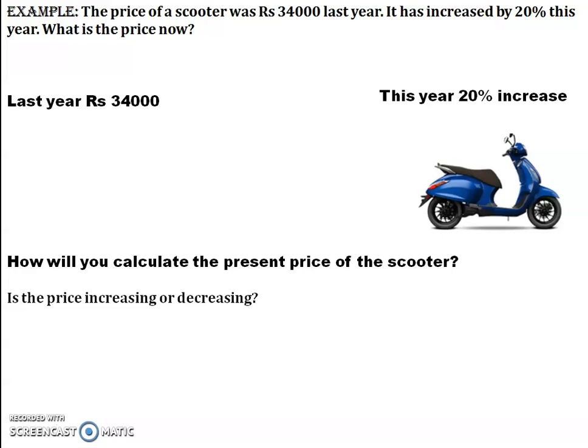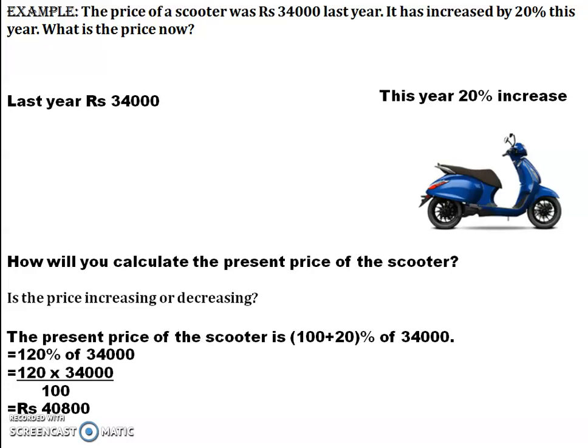Now I'll tell you how to calculate. The present price of the scooter is 100 plus 20% of 34,000. Here you will get the direct price of the scooter this year. Why are we doing 100 plus here?